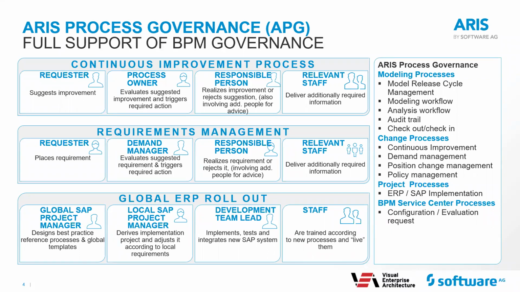We have the person responsible who realizes the improvement or rejects the suggestion. And then we have the staff that deliver the additional required information. So each one of these processes has a series of steps and roles that are responsible for them.